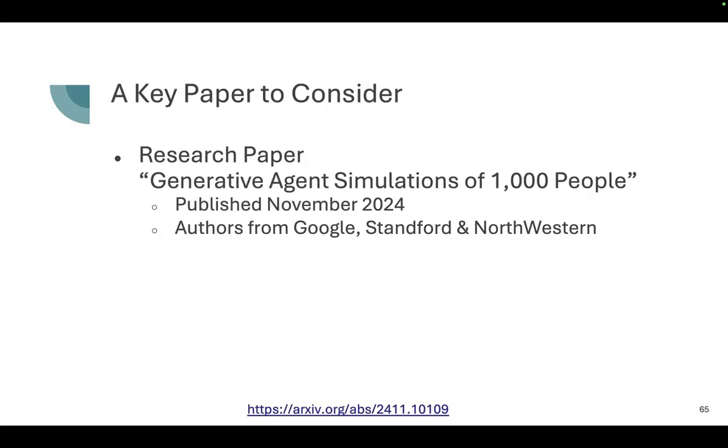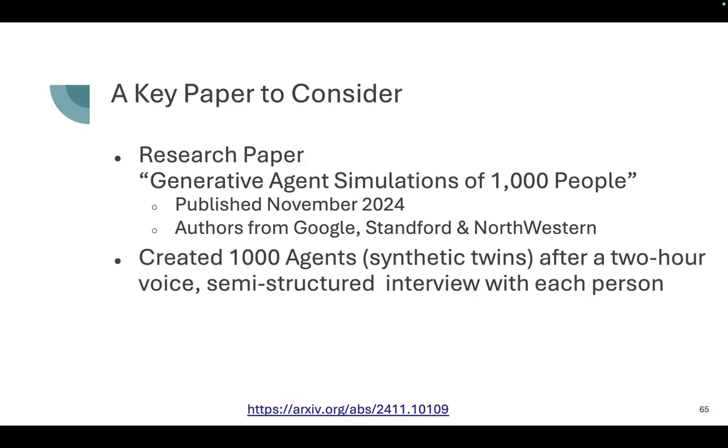So this is again from that paper I showed you, that article I showed you earlier. Another study with Google, Stanford and Northwestern. They generated 1,000 people. They called them generative agent simulations. And they did that on the basis of a 2-hour voice semi-structured interview.